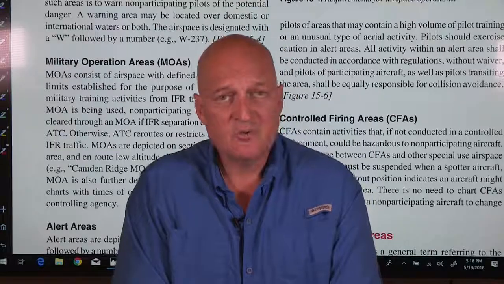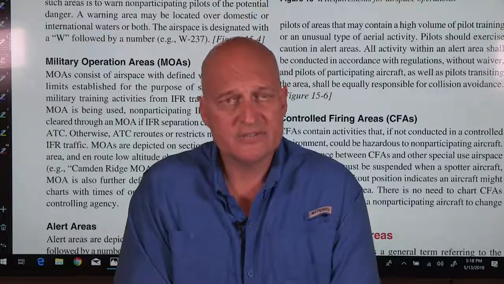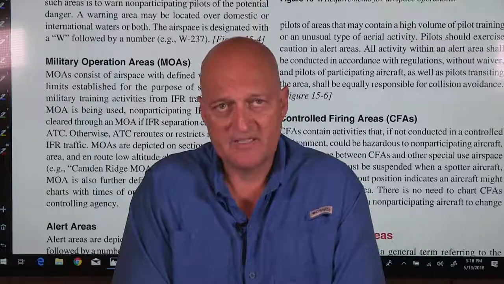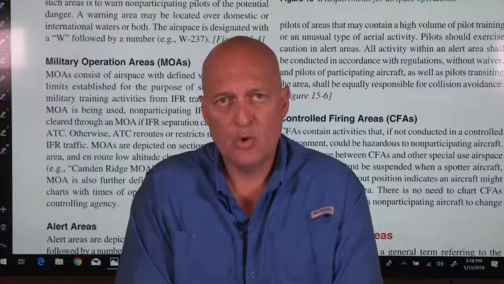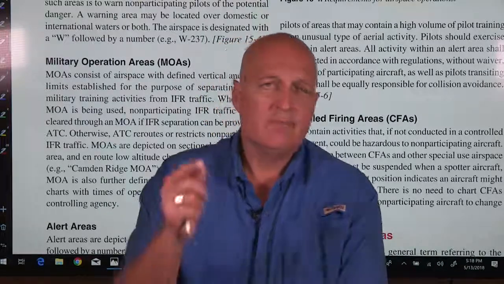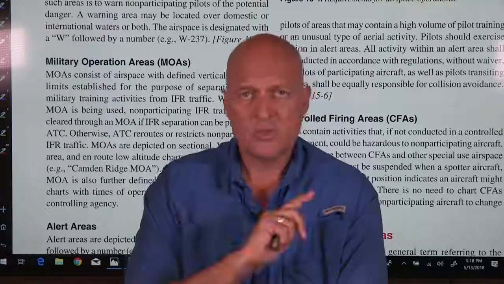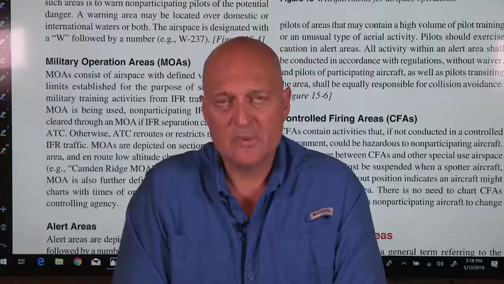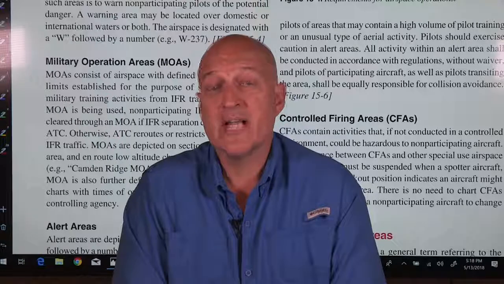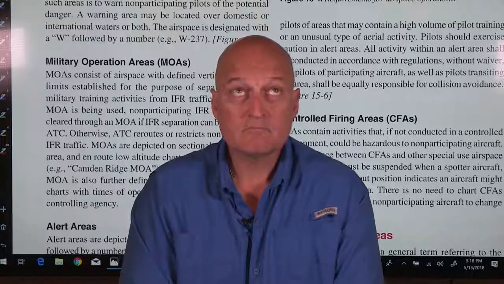Flying in New Mexico, Texas, Utah, the desert Southwest, we have a lot of open spaces, and there are a ton of MOAs around a lot of these VFR corridors that we may have in airspace. So there's a lot of military activity going on there.